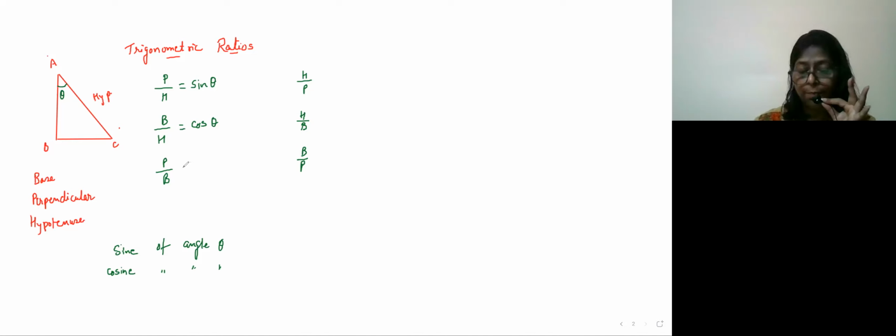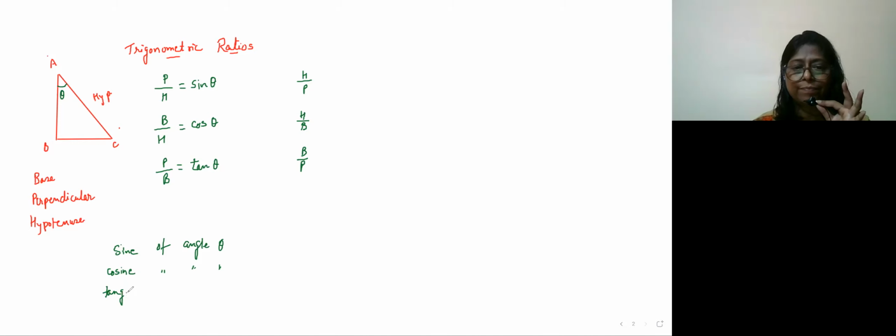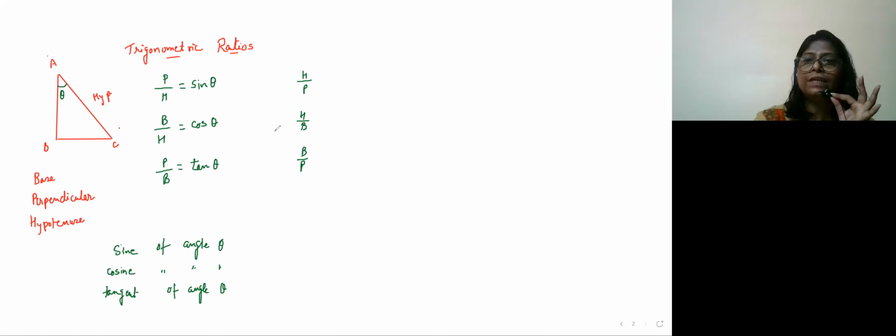Now perpendicular upon base is tan theta. Again, tan is a short form of tangent of angle theta. Instead of saying tangent of angle theta, we use tan theta.